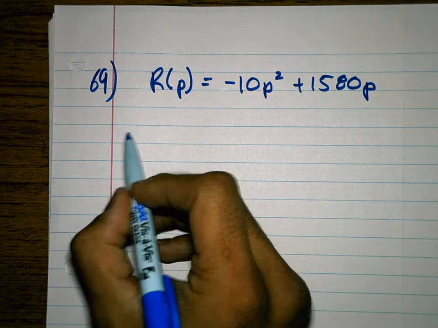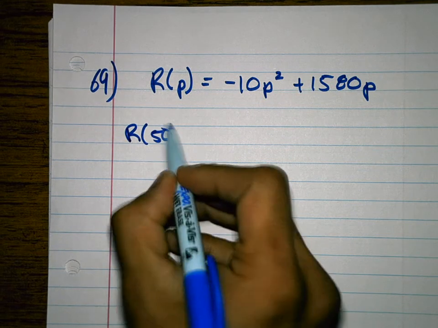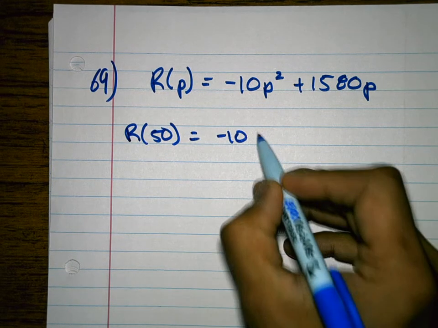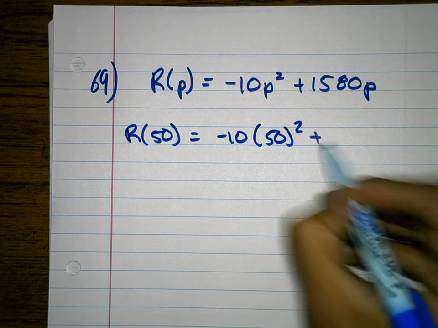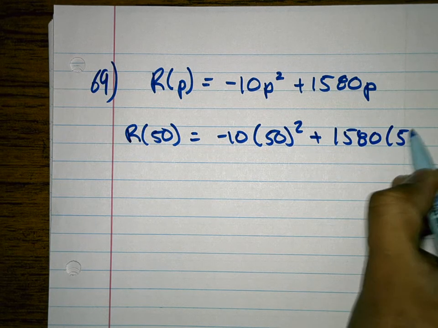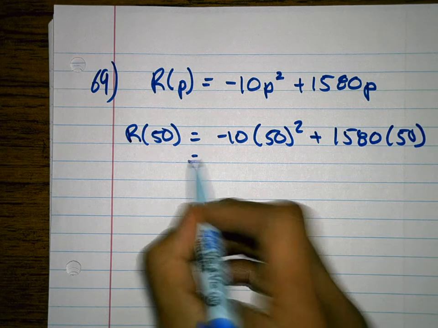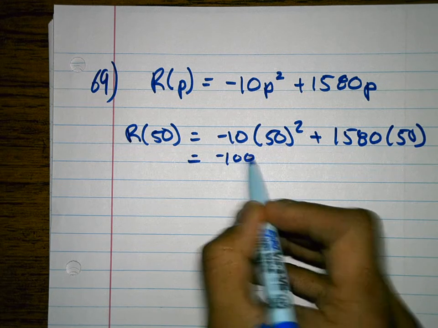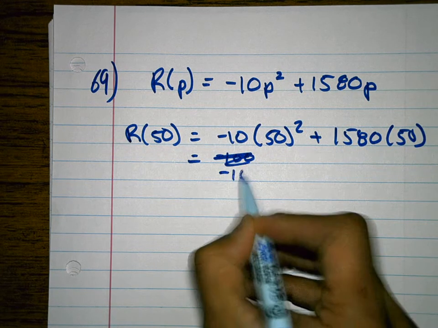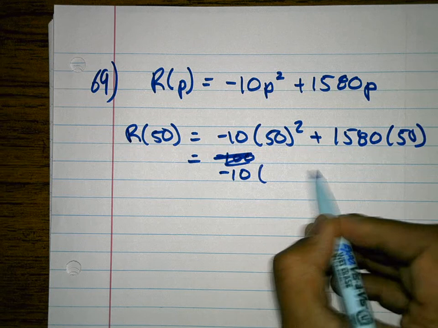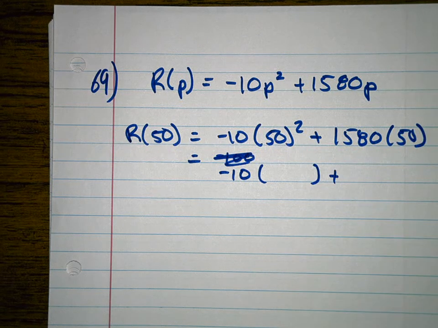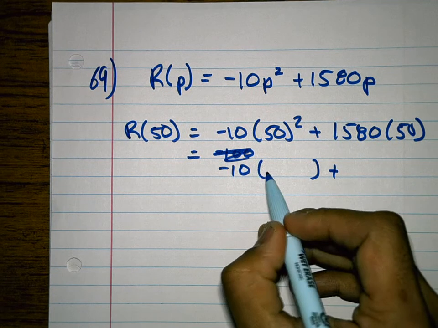So all I'm going to do is find R of 50. I'll just do this one. So I plug that in, and I work those out. We'll do it in steps here.